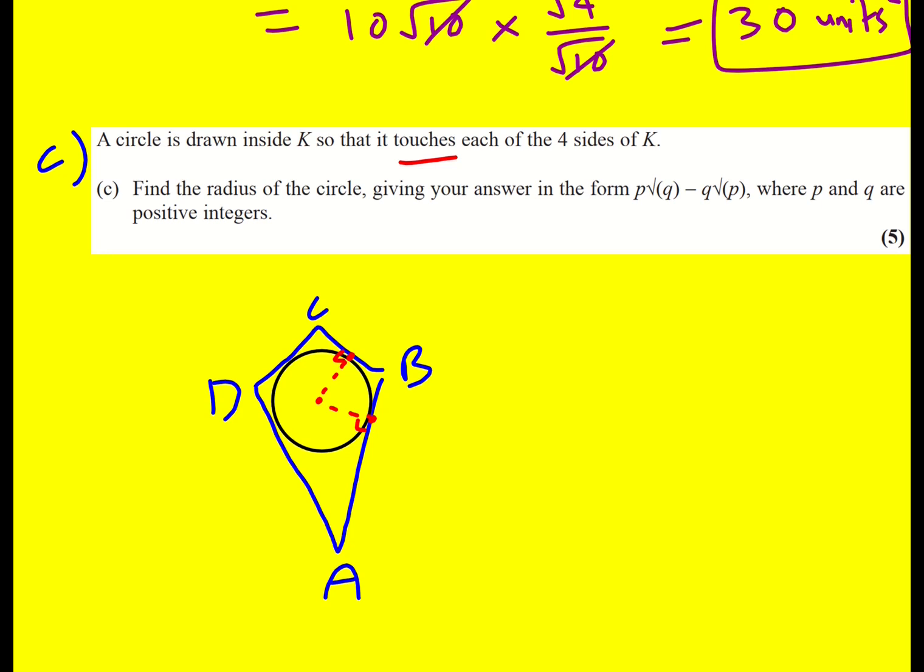Now remember, we have the area of the whole kite up here, 30. We can also find the area by splitting it down like this and thinking about two different triangles. And there's one line I've not yet put in here. So R is actually the height of this triangle here, and it's also the height of this other triangle here. Let me do that in a different color.